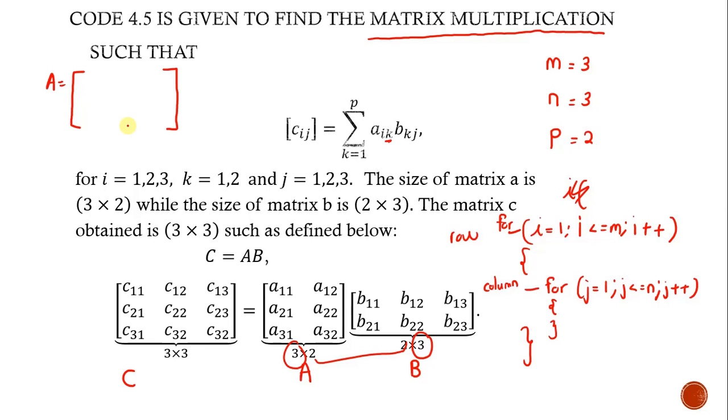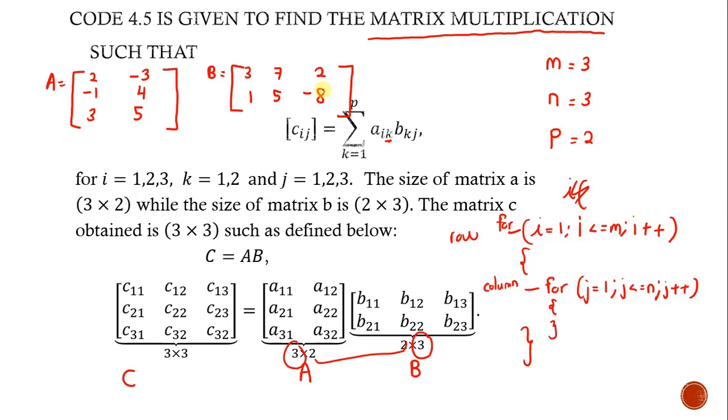Let me just find my notes. Okay, so I'll have 2, negative 3, negative 1, 4, 3, 5. And then my B, which is my 2 by 3 matrix: 3, 7, 2, 1, 5, negative 8.